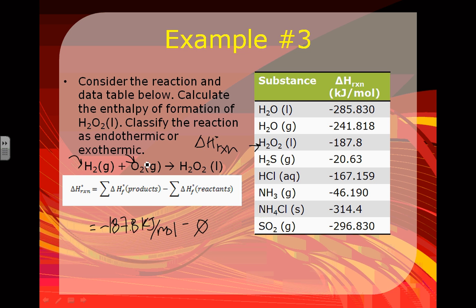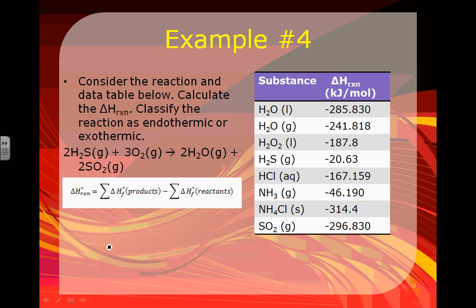Any element that you see in its elemental form, its original form, the enthalpy is 0. So since this is minus 0, negative 187.8 is going to be the enthalpy for this reaction. All of these numbers were calculated experimentally from starting off with the basic elements and then making these products. So this is how we know these numbers. Again, if it's in element form, we consider it to be 0.